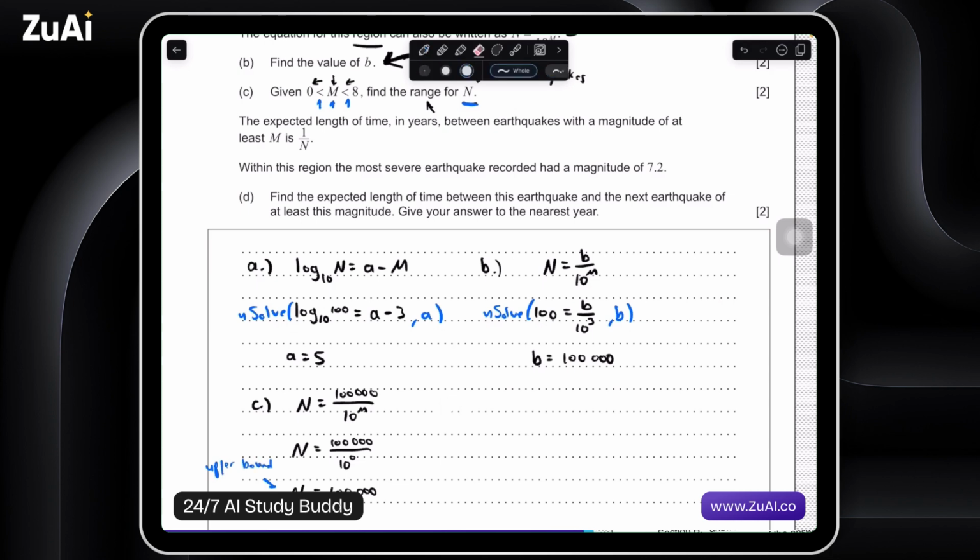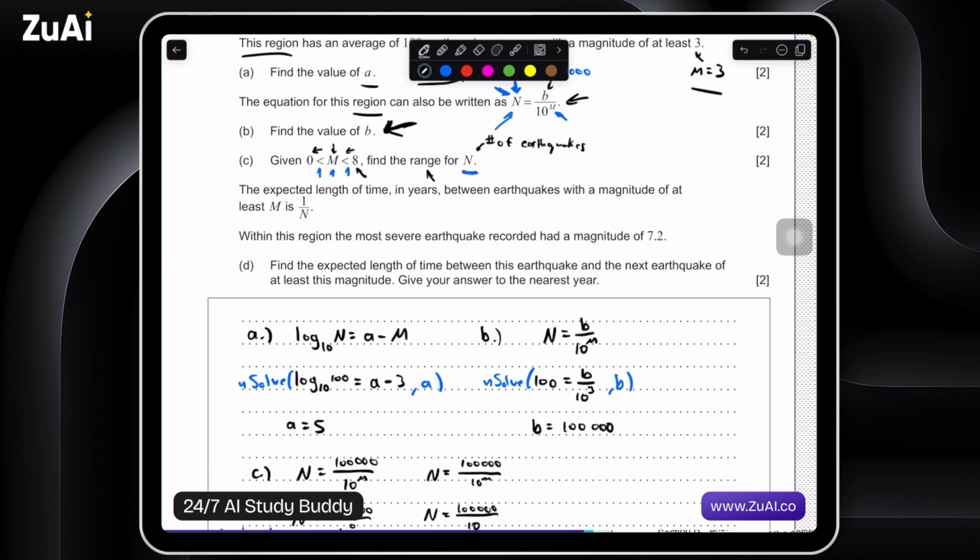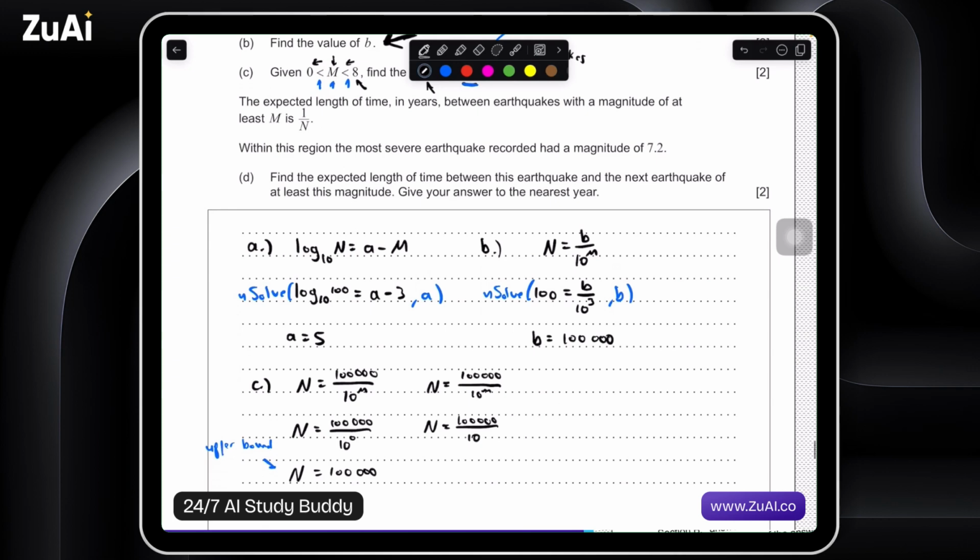And let's go ahead, and we also have n is equal to 100,000, that was the value of b, over 10 to the m, but in this case we also have 10 to the upper end of 8.